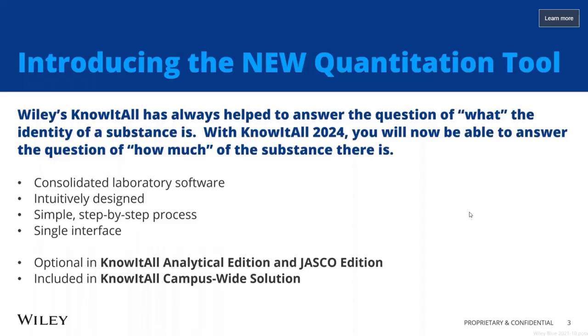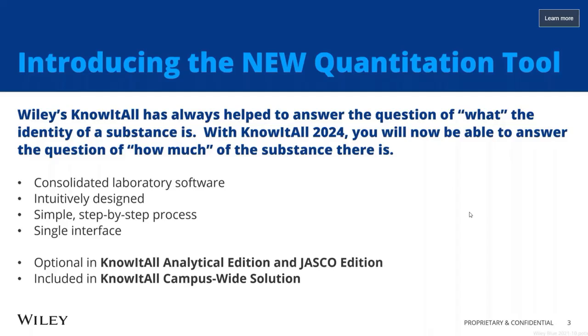So Wiley's KnowItAll has always helped to answer the question of what the identity of a substance is. In other words, qualitative analysis. But with KnowItAll 2024, you will now be able to answer the question of how much of a substance there is. In other words, quantitative analysis. So this is consolidated laboratory software.